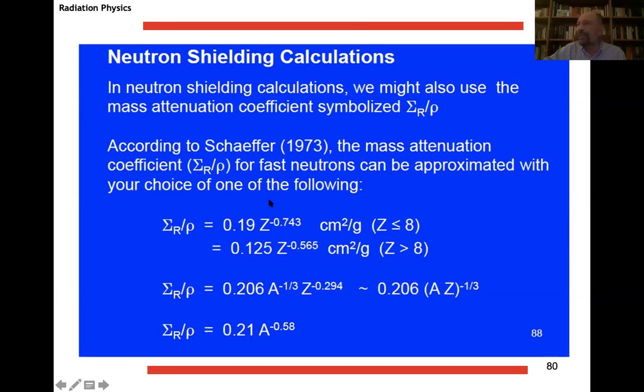This applies for fast neutrons, where the cross-section will be more flat, will essentially depend mostly on the size of the nucleus.